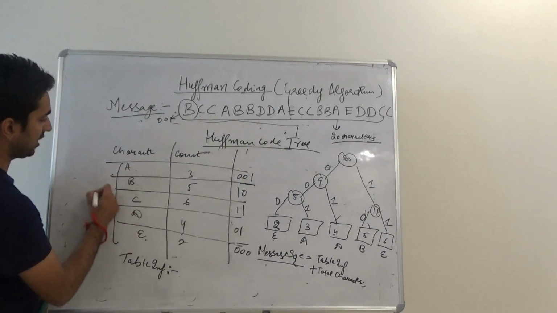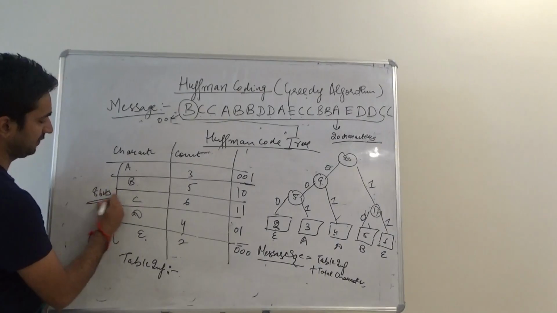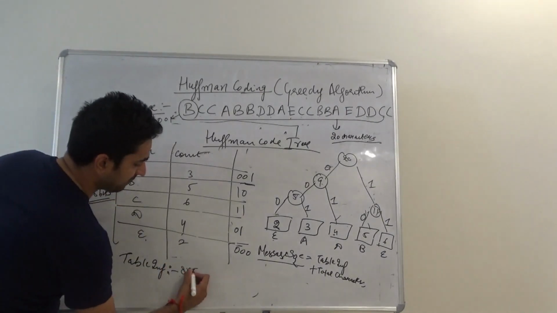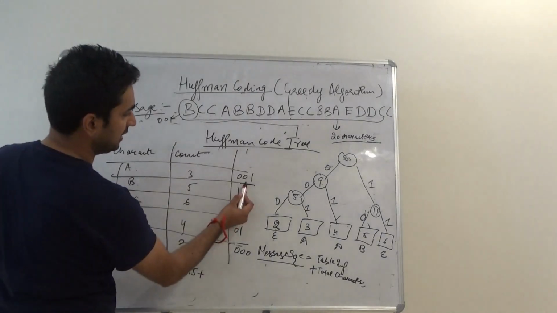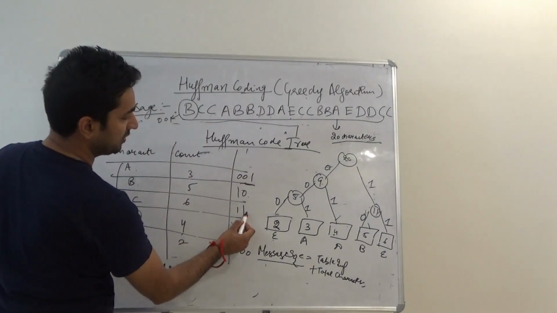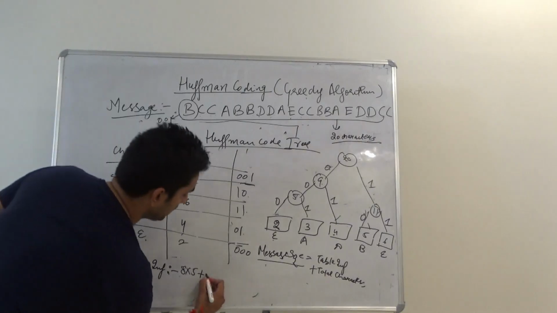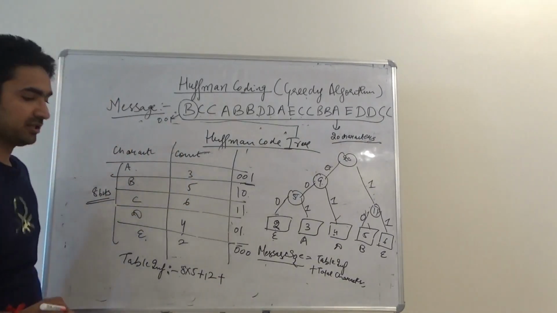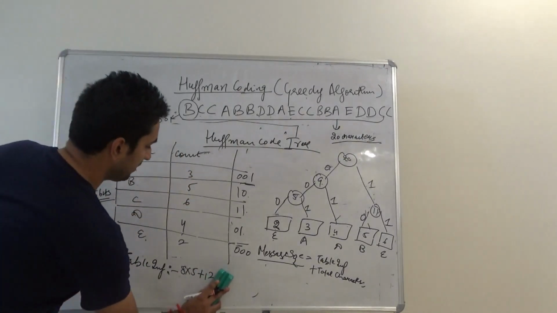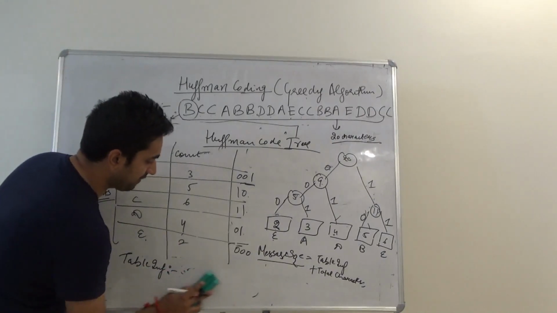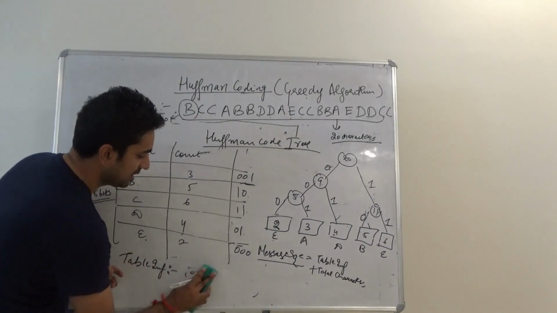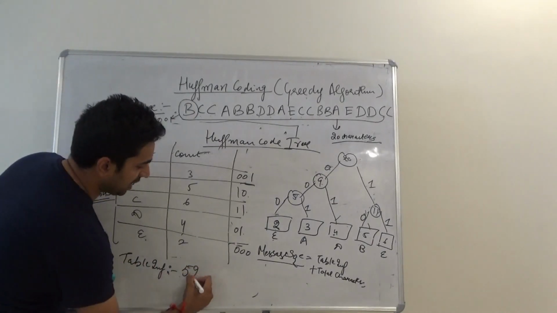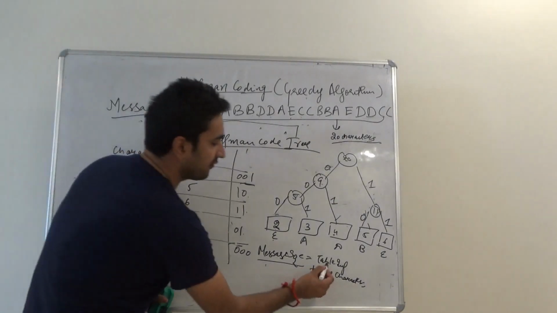So if they all are 8 bits each, it will be 8 multiplied by 5 plus how many bits we are using for this? 3, 2, 2, 2 and 3, 12 bits we are using for this, right? So this is your table information, and 8 multiplied by 5 is 40, and 40 plus 12, this is known as 52.